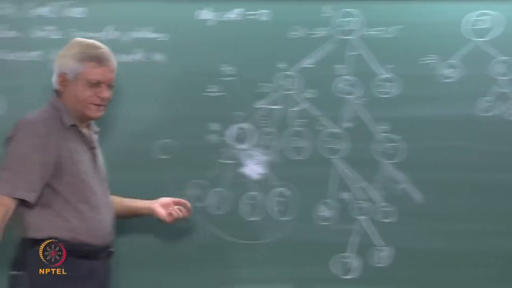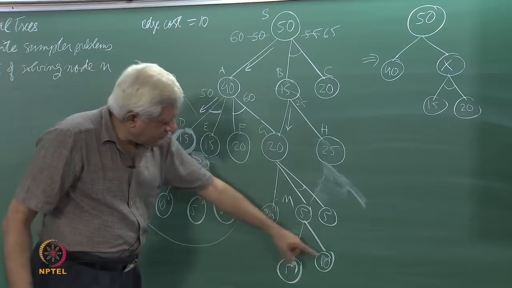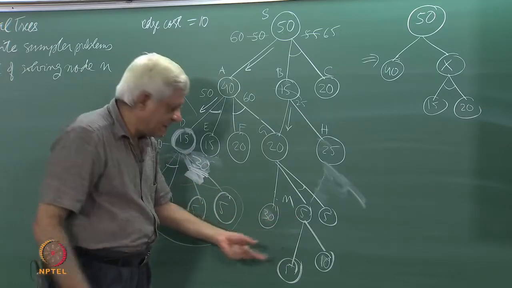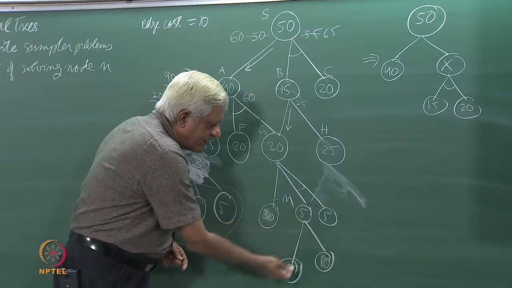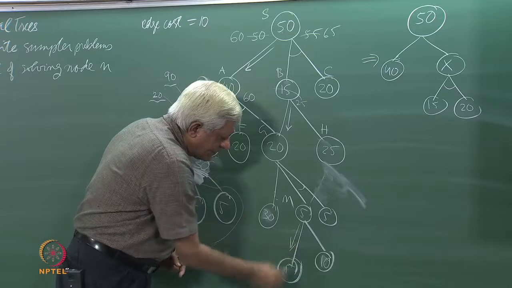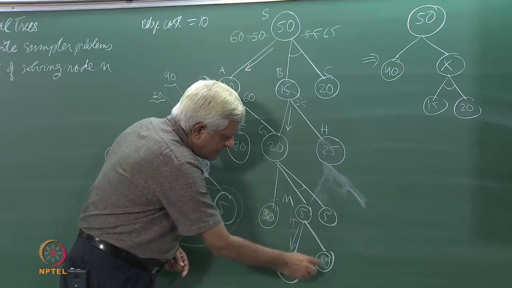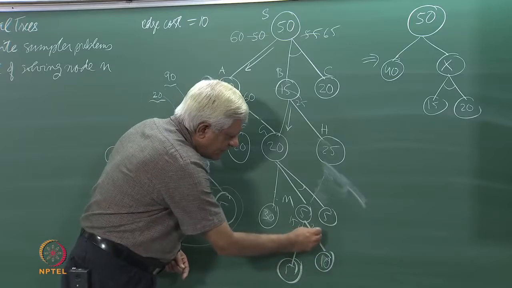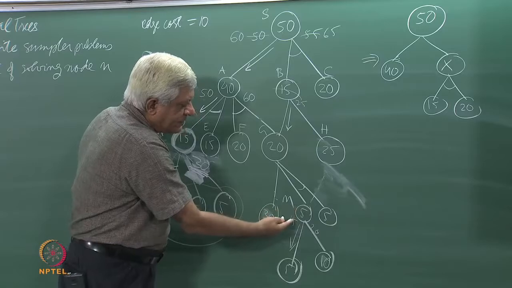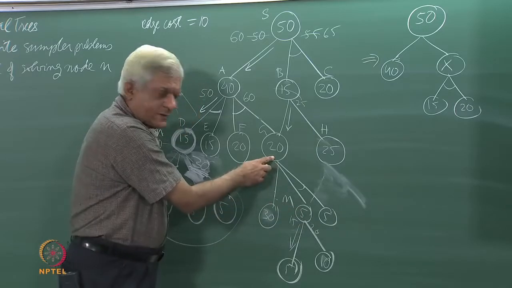I just want to illustrate this idea. If this was my node n and these are the two children, I will evaluate these children, and what is the best way of solving this n? I will mark with a pointer and compute the cost. This is 5 plus 10, 15, and this is 10 plus 10 is 20. So, that is not the best one, this is the best one, and because this has changed from 5 to 15, I will add its parent here.